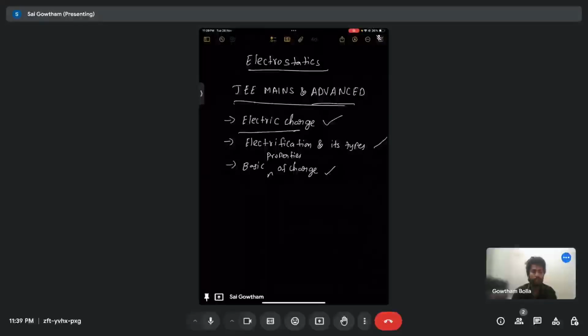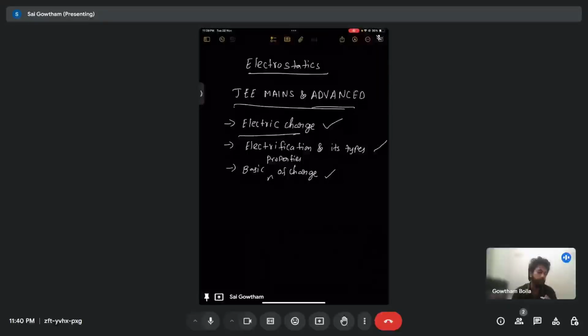Electrification is the process of giving charge to a body. There are three types of electrification: conduction method, friction method, and induction method. And the basic properties of charge are additivity, invariance, and the sum of charges remains constant, and also the remaining ones. Thank you for listening.